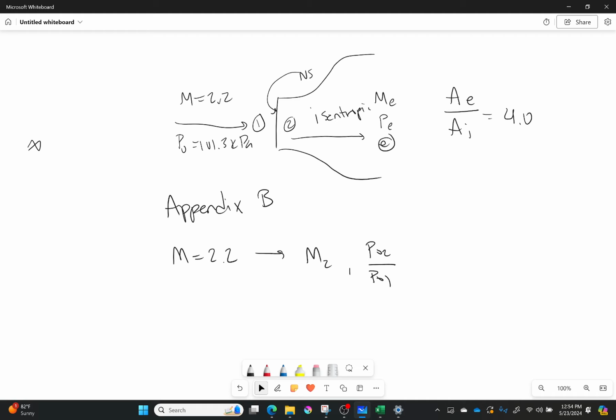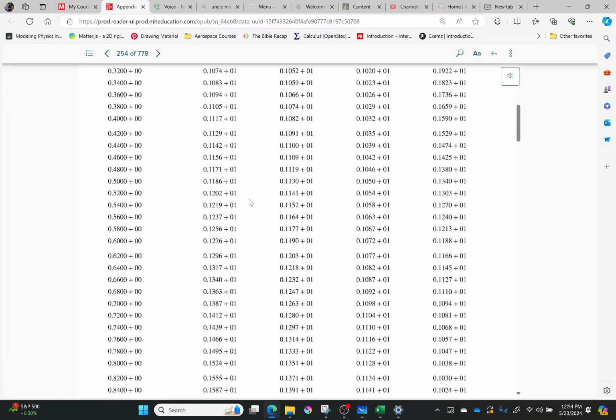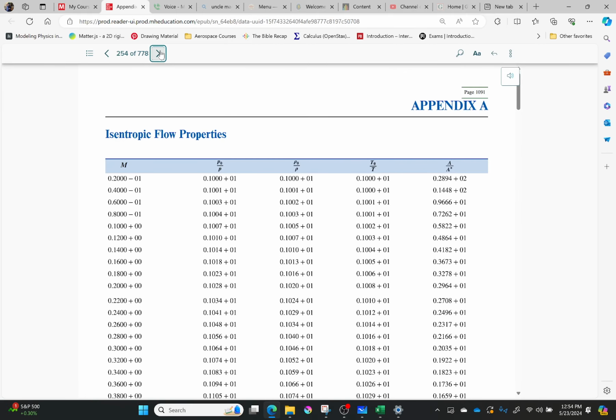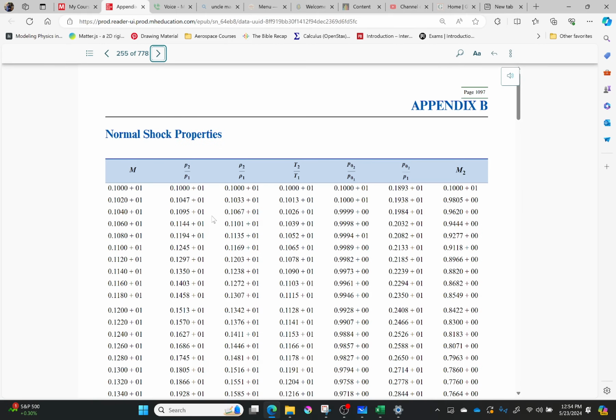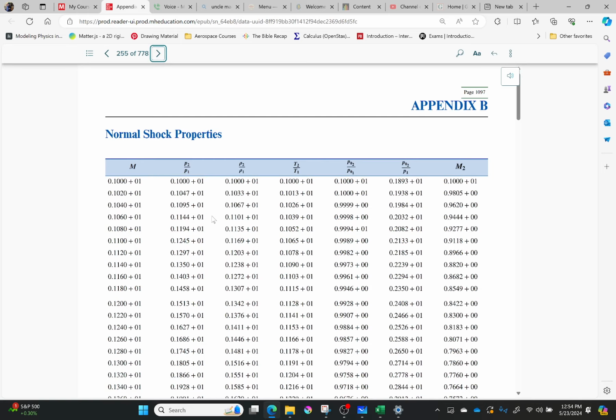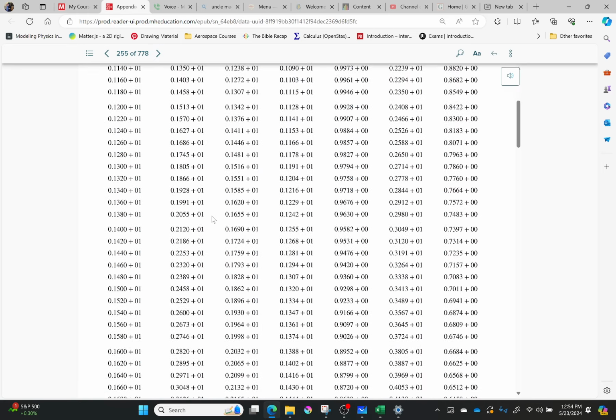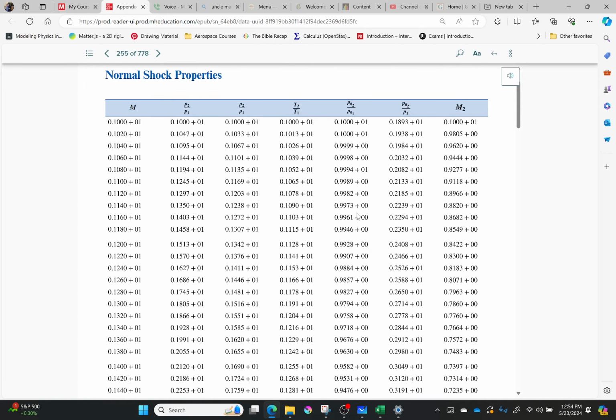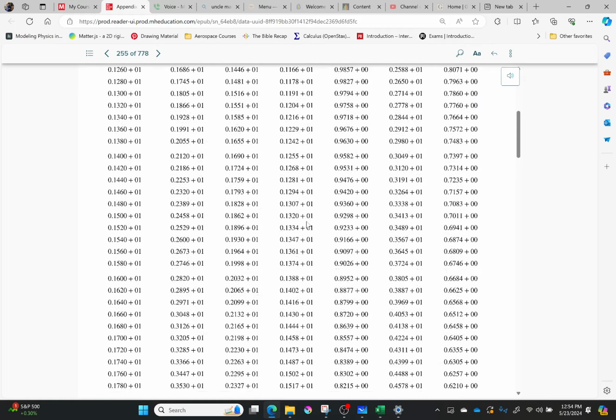So we'll go ahead in Appendix B and find out what the Mach number 2 is going to be and P02 over P01. I already have these tables up, but this is Appendix A. We don't need that one quite yet. Let's go over here. Beautiful. So we have a Mach number of 2.2. I go down here, and we need the third to last column and the final column when we're doing our values. I wish it traveled with it.